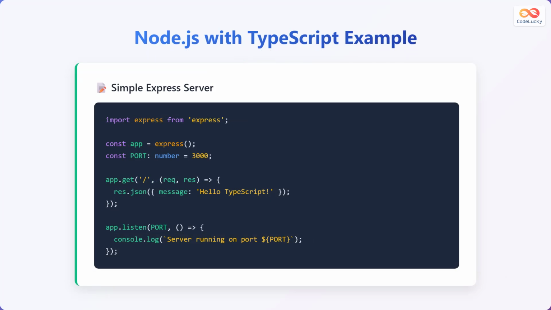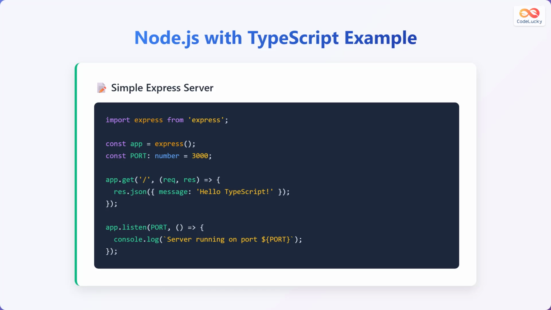Here's an example of a simple Express server written in TypeScript. First, import express from "express". Then, const app = express(). Const port: number = 3000.